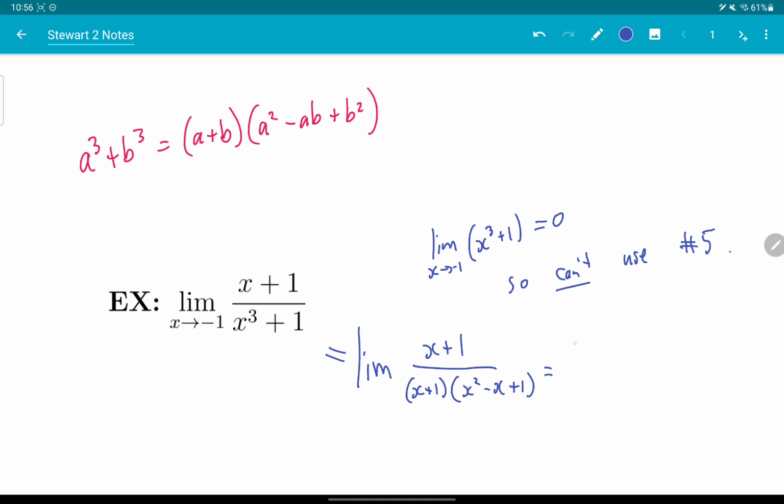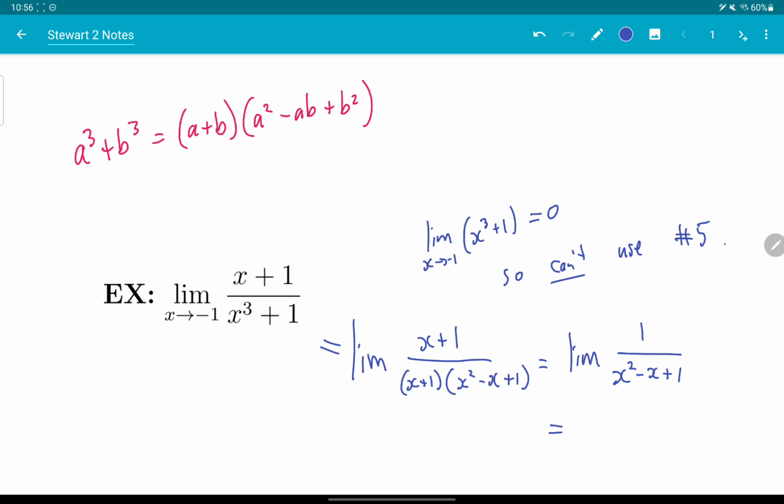Then I get the cancellation I want. And this was 0 over 0, but my cancellation has removed that difficulty. So now I can just plug in -1. So I get 1 over 1 plus 1 plus 1, which is a third.